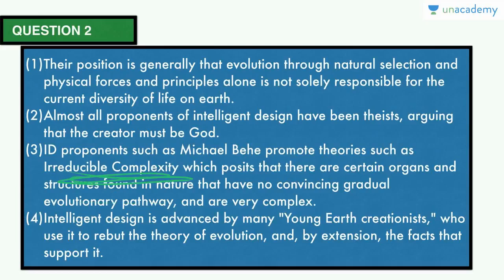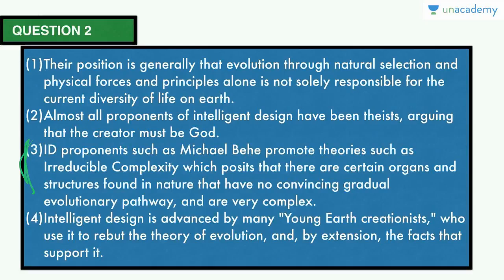It is the irreducible complexity theory. Why do you want to add an additional theory when you're already talking about ID? Okay, so these ID proponents are putting forward other theories. I don't know, but this seems to sway away from the central theme of the passage.